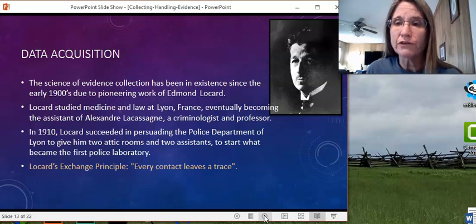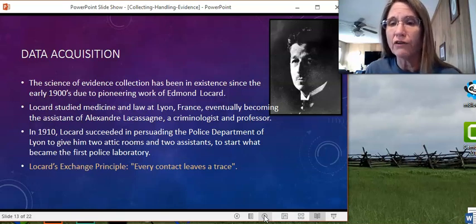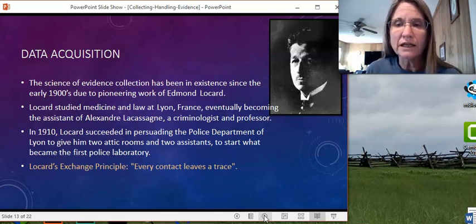He used photography and other scientific techniques to collect and study evidence, artifacts left at a crime scene, and he is famous for the principle, every contact leaves a trace.